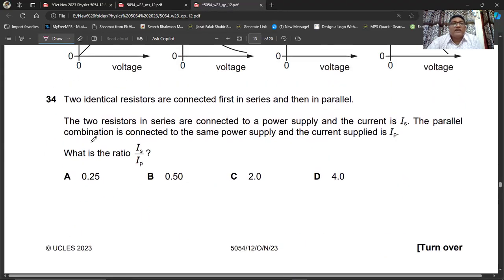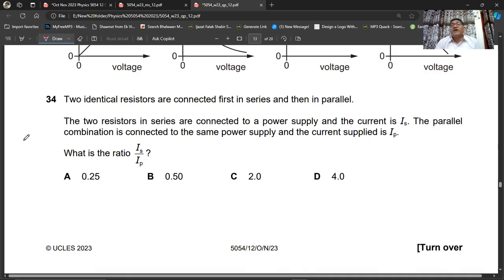Question number 34. He says two identical resistors are connected first in series and then in parallel. The two resistors in series are connected to a power supply and the current is IS. The parallel combination is connected to the same power supply and the current supplied is IP.